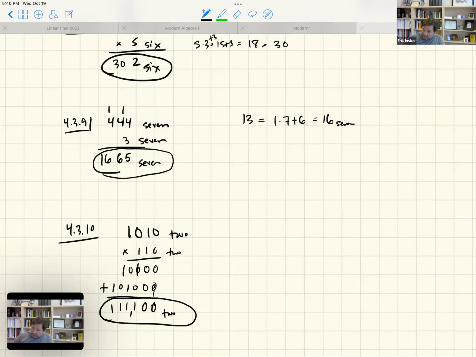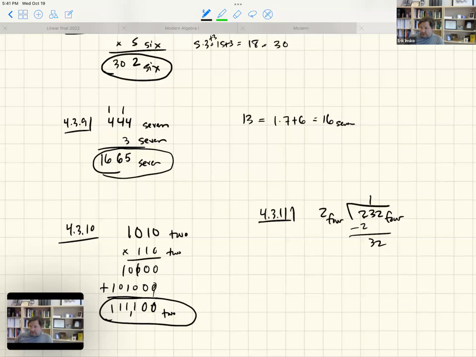Okay, 11 asks us to do division, which I think long division is the hardest part of arithmetic. So let's see here, 2 goes into 2, but this is the same way as in regular arithmetic, right? So 2 goes into 2 one time. And then when you subtract, you get 32.